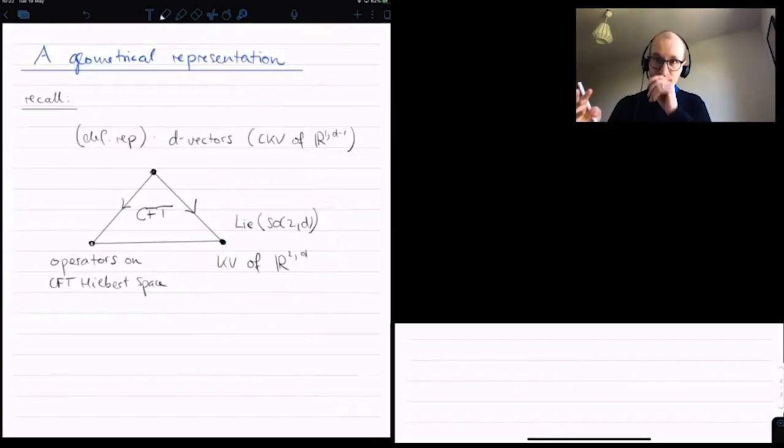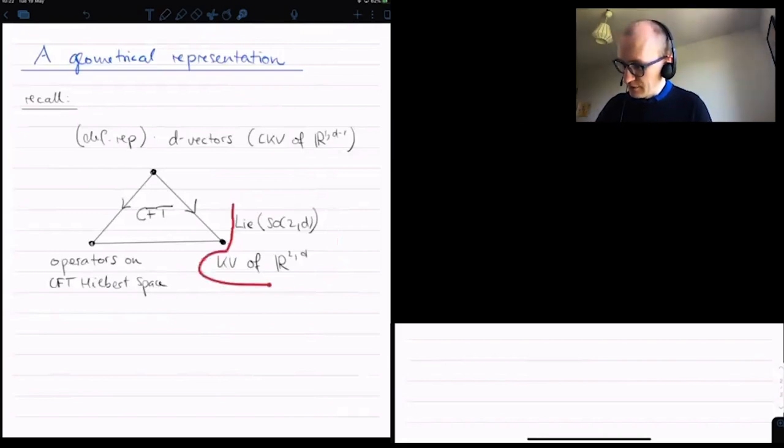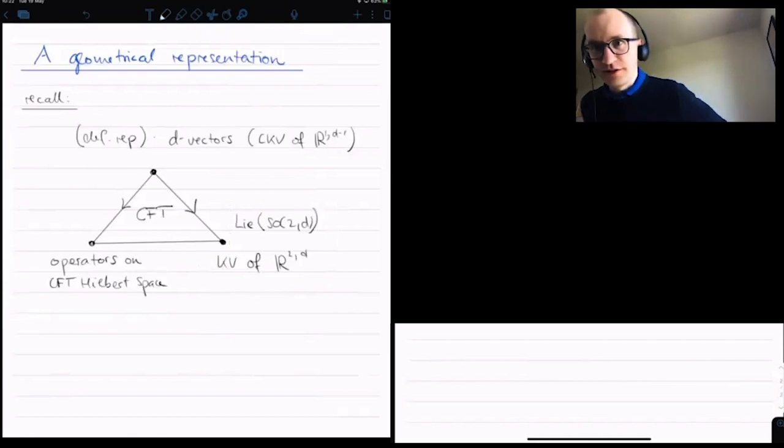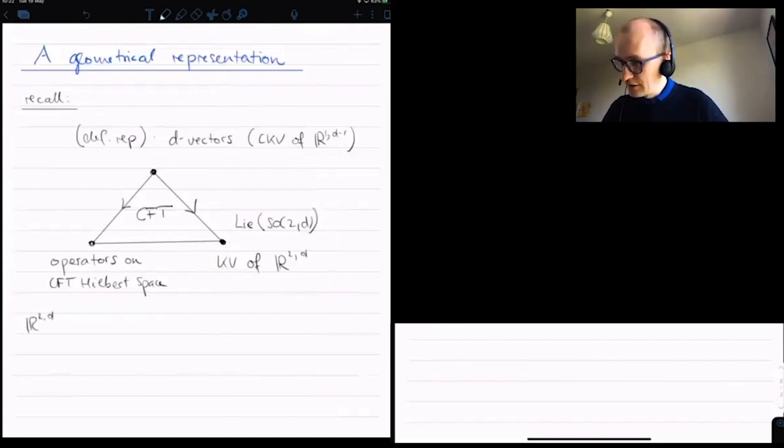Once we've sharpened our view, if you want, on this representation, we're really almost all the way toward understanding why AdS plays such an important role in conformal field theories. So let's just notice that this R^{2,d} itself, okay, so here we had our R^{1,d-1}.